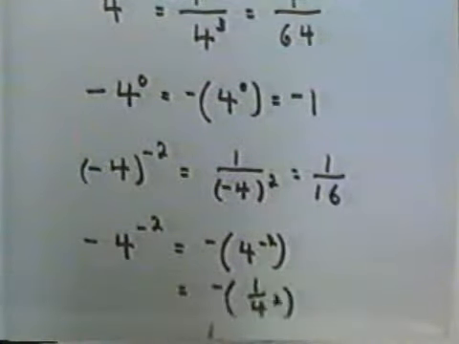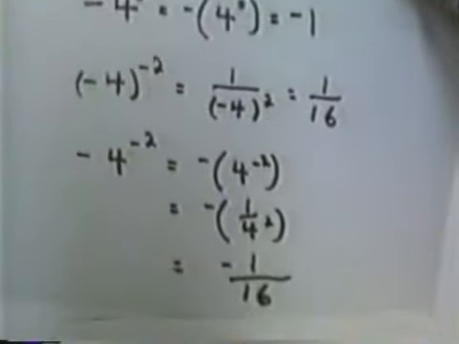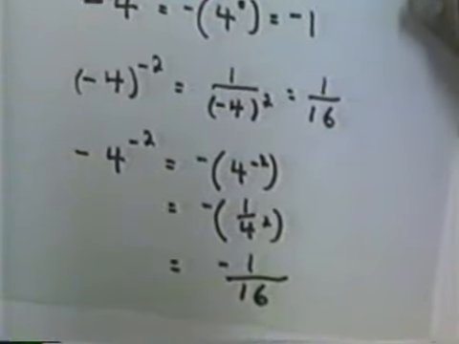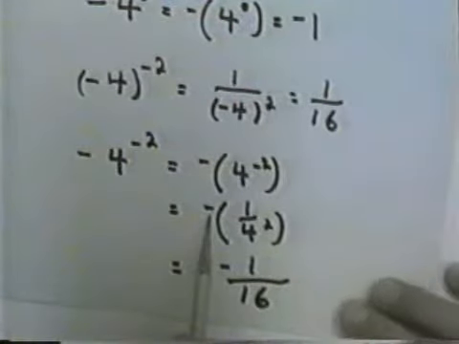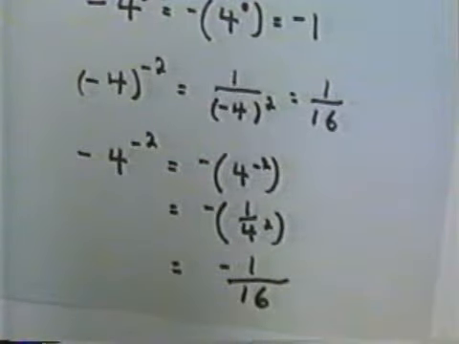So I would have the opposite of 1 over 4 squared. A negative exponent tells me to take the reciprocal of the base. The reciprocal of 4 would be 1 over 4. Now of course, 1 over 4 squared would be 1 over 16. So I have the opposite of 1/16, which is a negative 1/16.